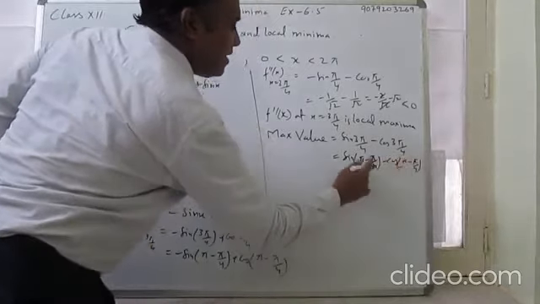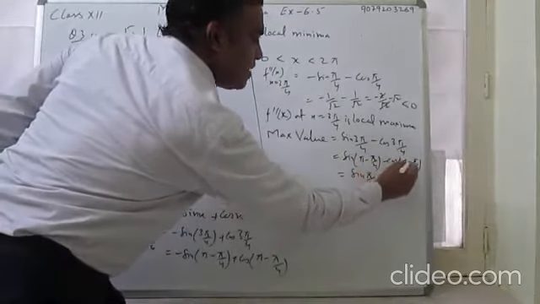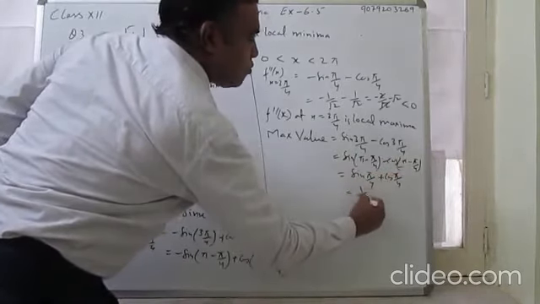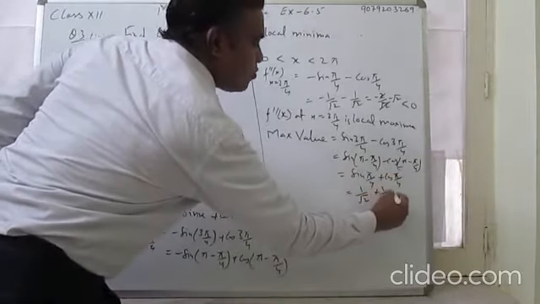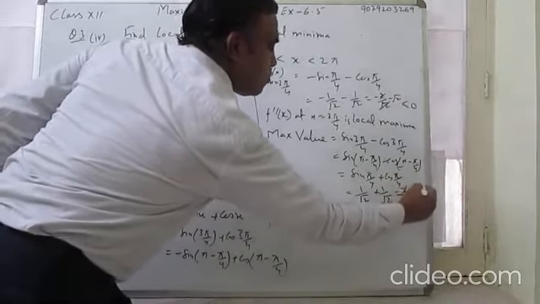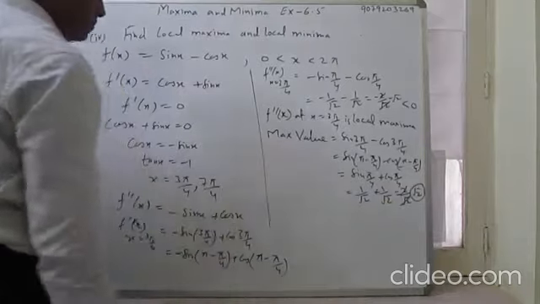It is the second quadrant, so sin is positive: sin pi by 4 minus minus plus cos pi by 4. So it is 1 by root 2 plus 1 by root 2 is equal to 2 upon root 2. This will cancel out, root 2 is the local maxima.